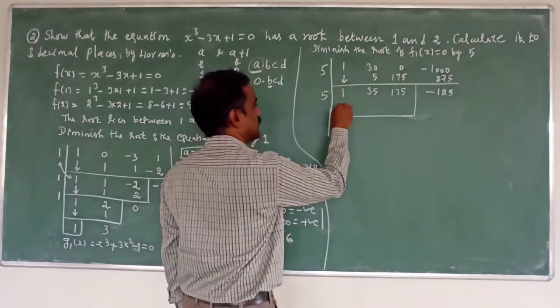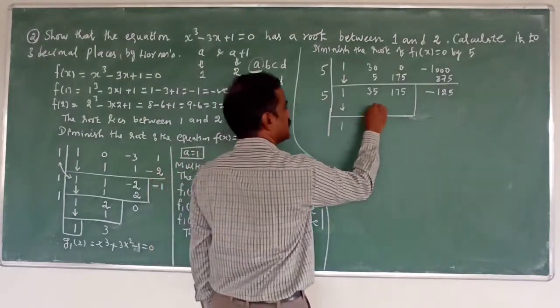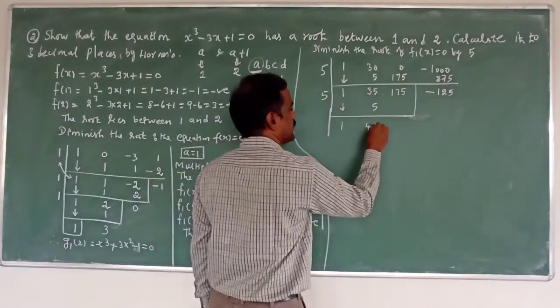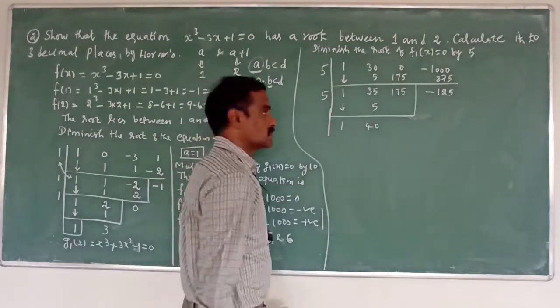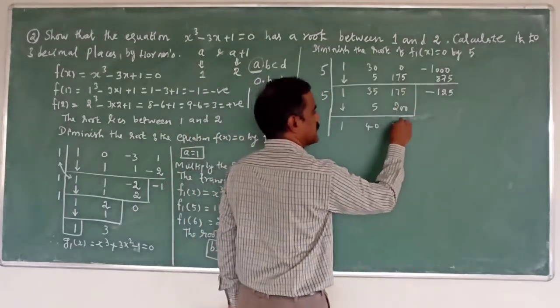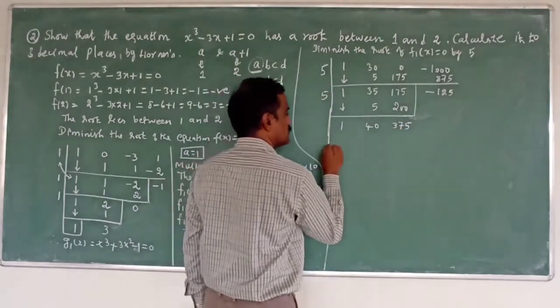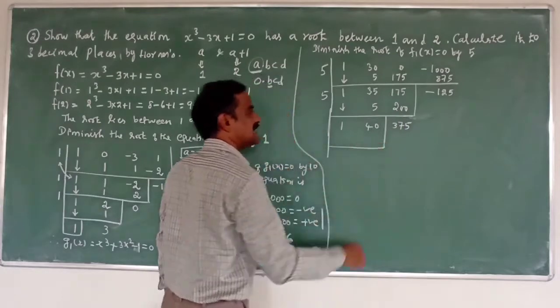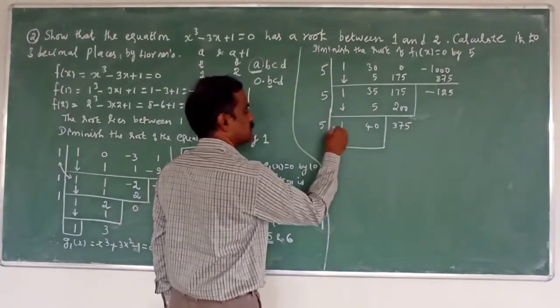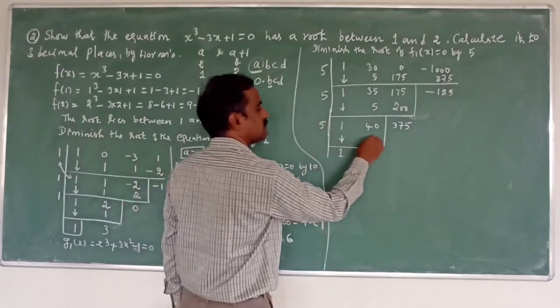5, again 1 as it is. Now multiply 1 into 5. Now add these two, 40 into 5, 200. Now add these two, 375. Now this is for the constant value, so we can leave that one. Again 5, 1 as it is, 1 multiply with the 5.